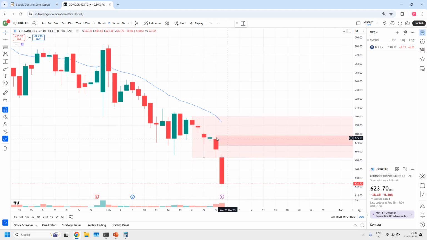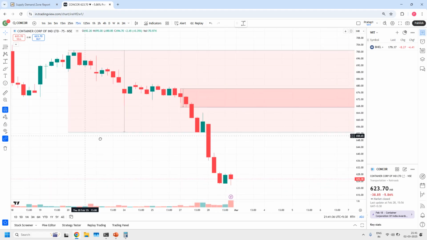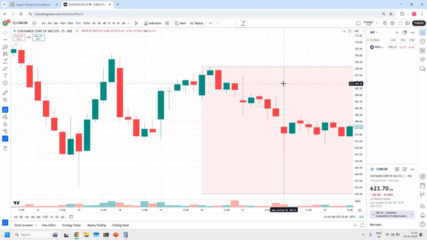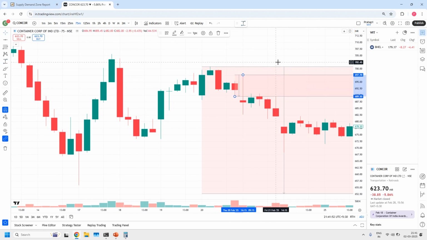Inside the daily we have a 75 minute supply zone here. But here you should ensure there is not any other new 75 minute supply zone. Let us check. Is there any other 75 minute supply zone here? Yes. We have another drop, base, drop, failed ERC, with a dynamic view it is a drop candle. If that is the case, you have to draw a zone like this: drop, base, drop.